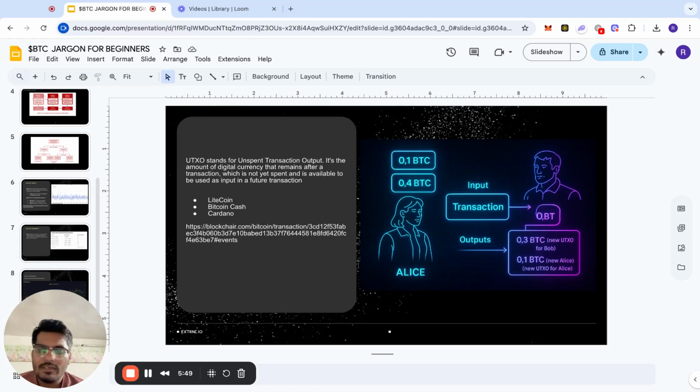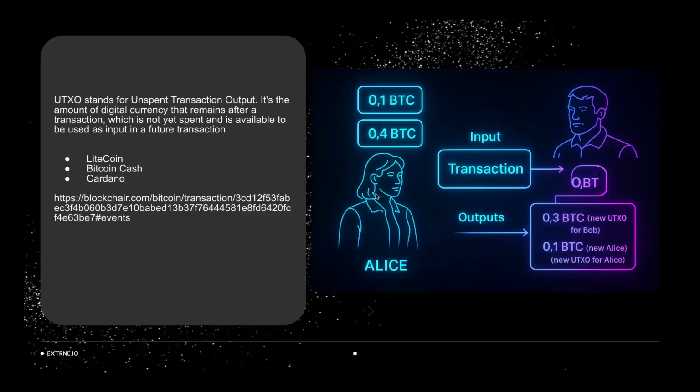Let's understand in depth what exactly happens. In my presentation you can see there are two people, Alice and Bob. Suppose Alice has two UTXOs, one of 0.1 BTC and another of 0.4 BTC. Now suppose she has to pay 0.3 BTC to Bob.